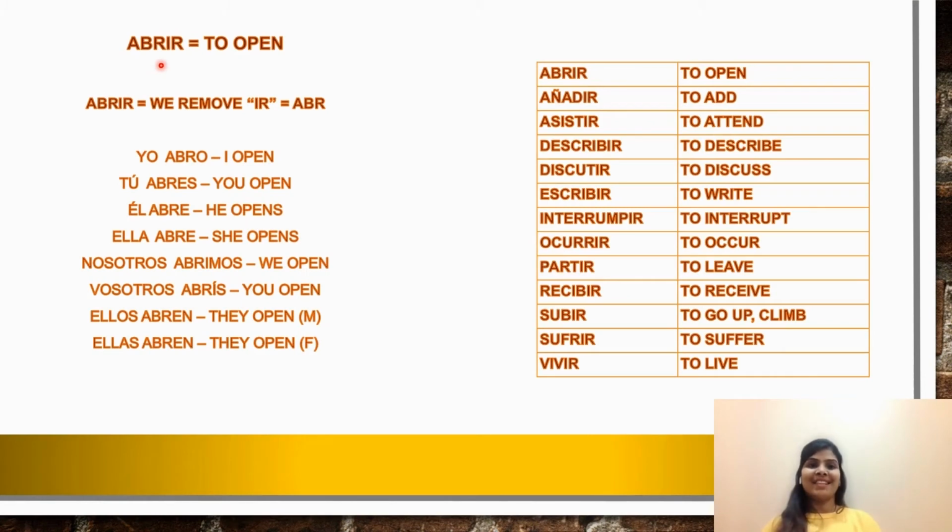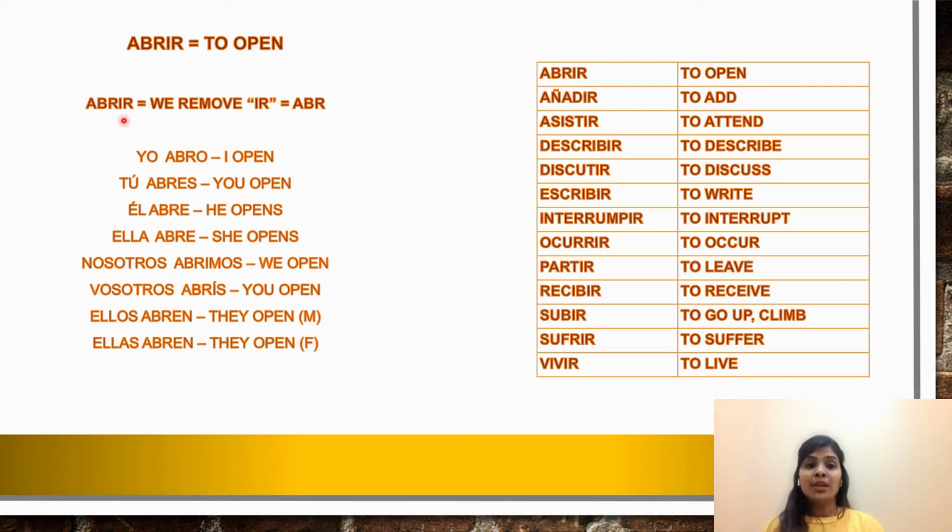Let's get started, guys, with the IR verb conjugation. The verb for the example is abrir. Abrir means to open. Abrir is an IR ending verb. Now what do we do with this verb to conjugate it with every personal pronoun?